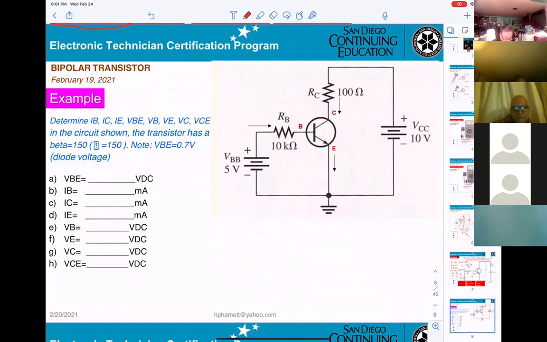In the circuit shown, the transistor has the beta 150. I don't know how on notepad they display beta, it cannot display beta. Try to see what we just did, to see if we can get it.